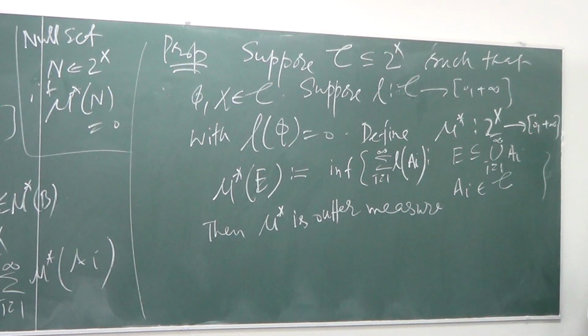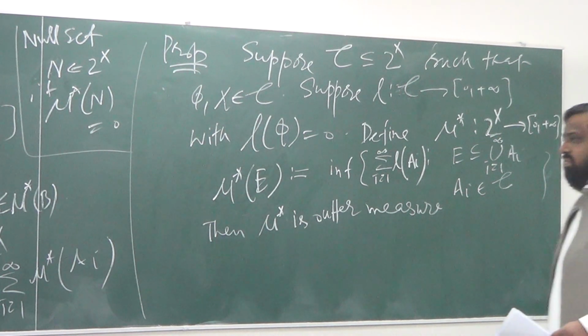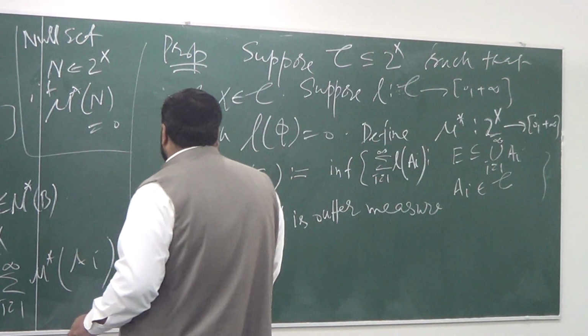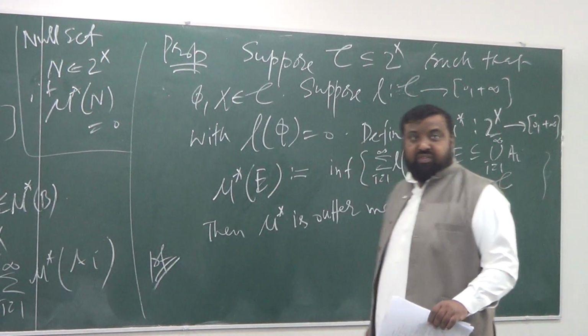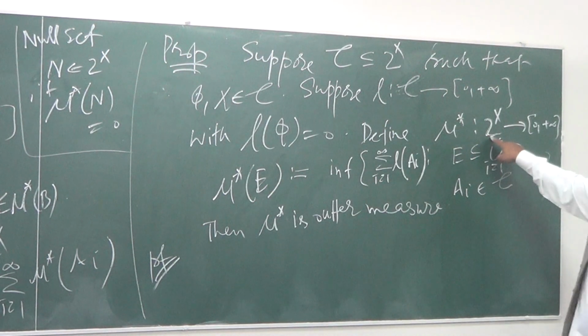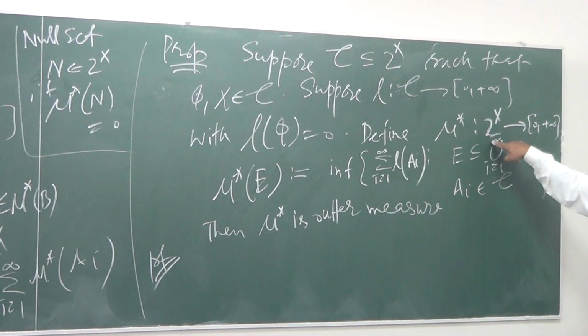Let's do it. We are doing it just for C; mu is defined just on C, but mu star is defined on 2 to the X.